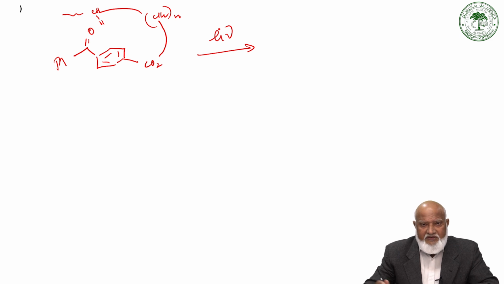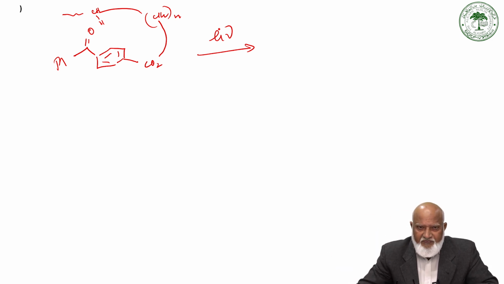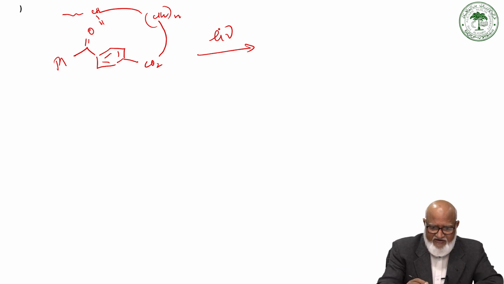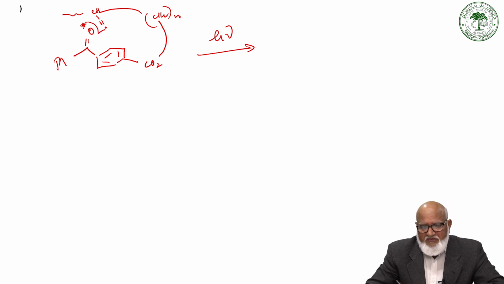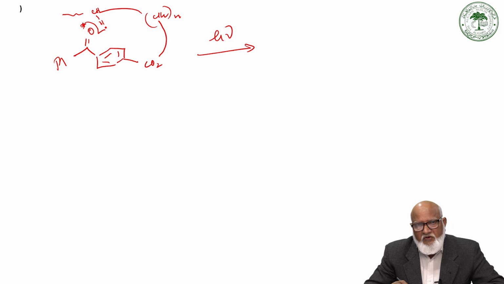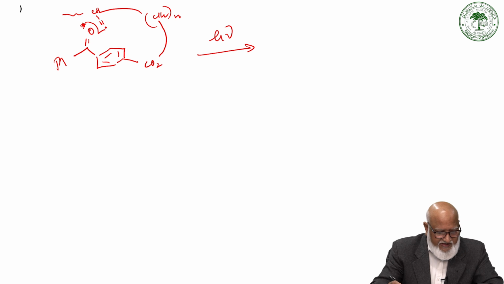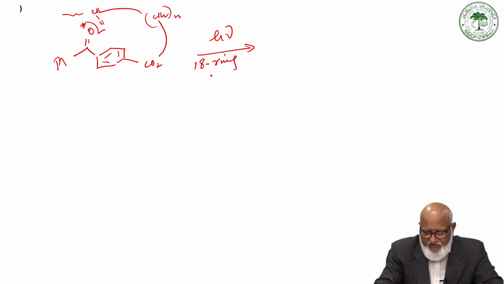So the excited carbonyl may abstract the hydrogen, of course the chain has to be quite long so that it can approach the carbonyl. So the excited carbonyl abstracts this one, and here an 18 ring formation or greater.